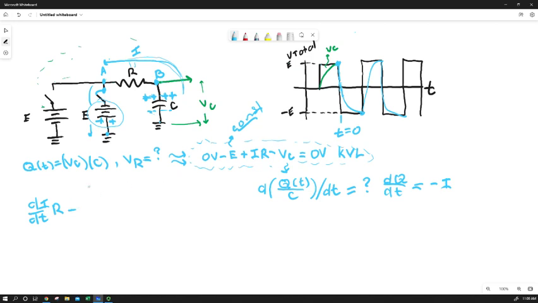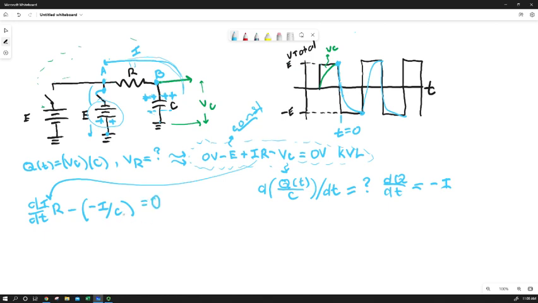So the time rate of change of the voltage across the capacitor is equal to negative I over C, and that all equals 0.